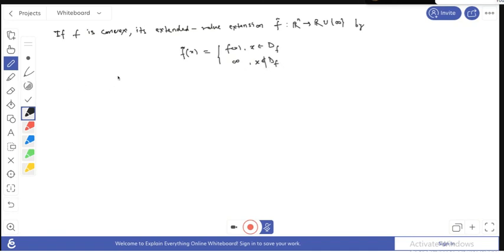Okay, so here you can prove that, or we can express this equation 1 for standard value extension f tilde, for any theta lies between 0 and 1.